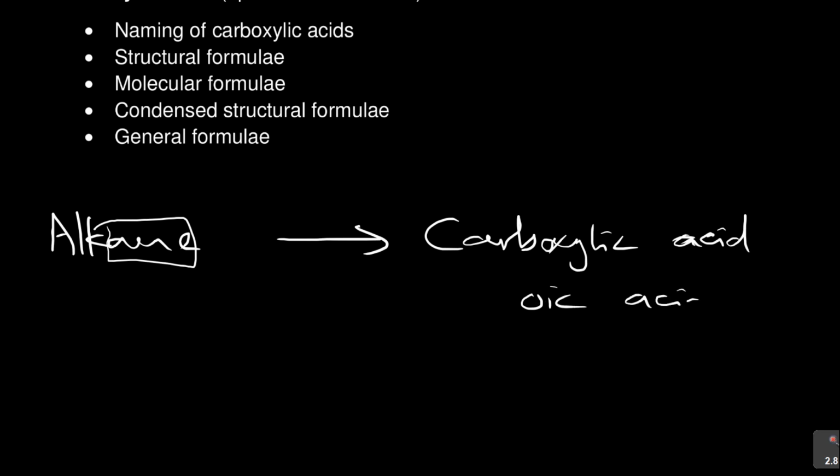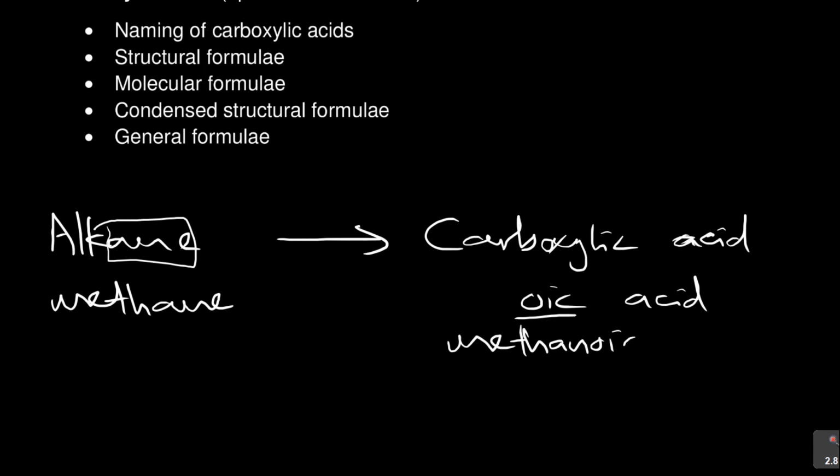So for example, you have got methane. So what you will have here is methanoic acid. Now look at the change there. A-N-E to A-N-O-I-C, oic acid. You see what you are adding there?